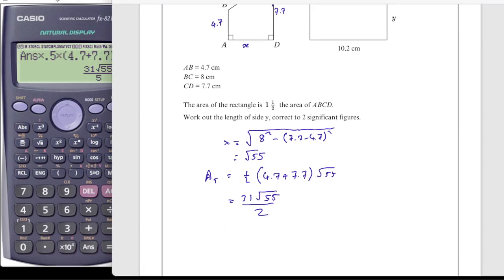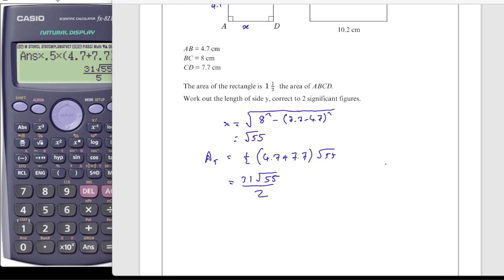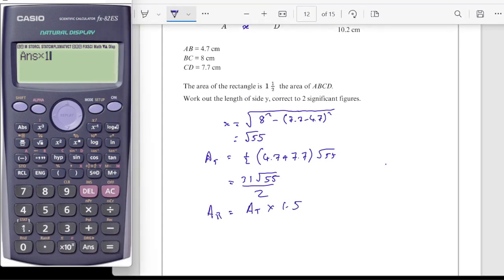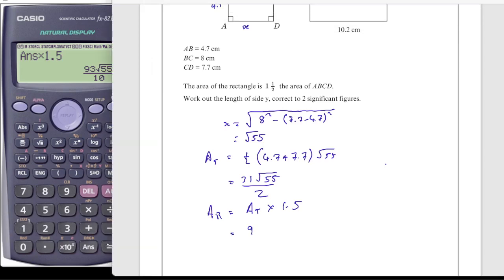We're told that the area of the rectangle is 1.5 times by that. So the area of the rectangle is going to be equal to the area of the trapezium times by 1.5. So I'm just going to times that by 1.5. So that's going to give me 93 root 55 over 10.